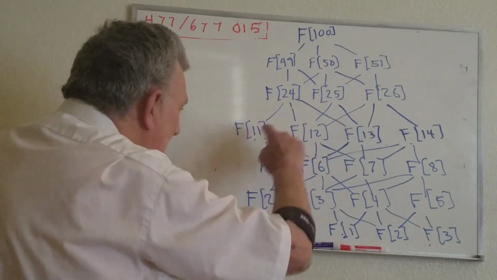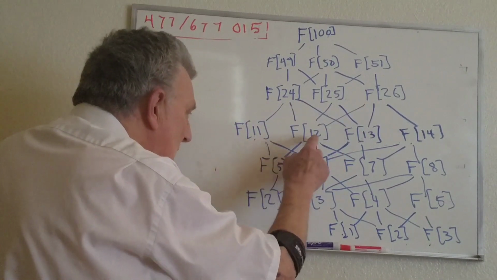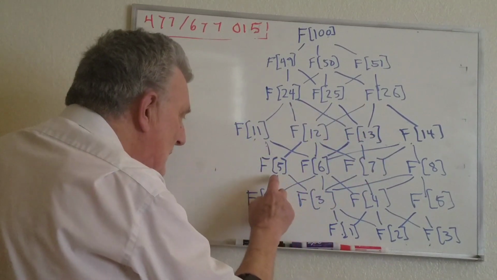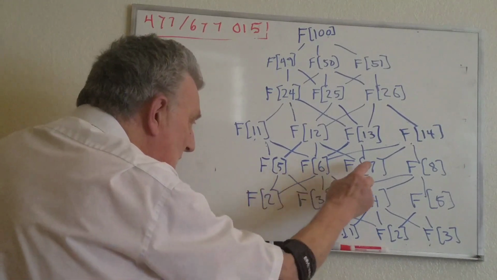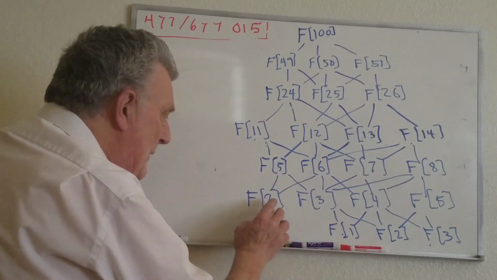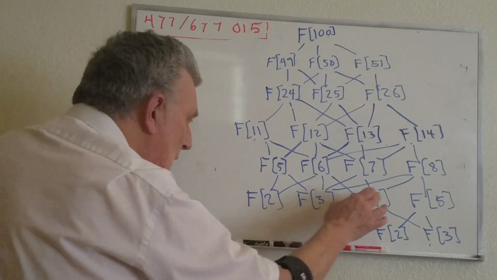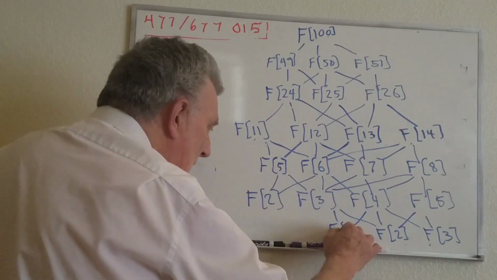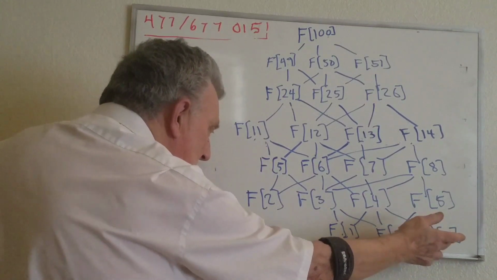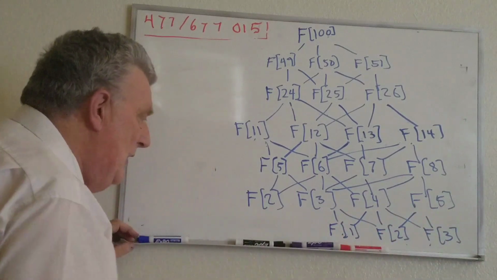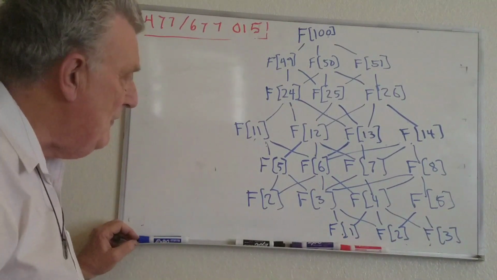Meanwhile, these three values depend on these four values, F11, 12, 13, and 14, which depend on these four values, F5, 6, 7, and 8, which depend on these four values, 2, 3, 4, and 5. Now 5 is also a repeat, and then continuing down here, F3 is F1 plus F2, and the F1 and F2 are, of course, 1.